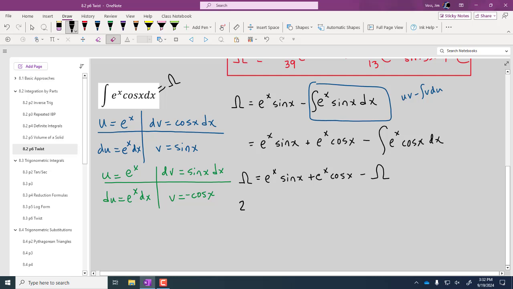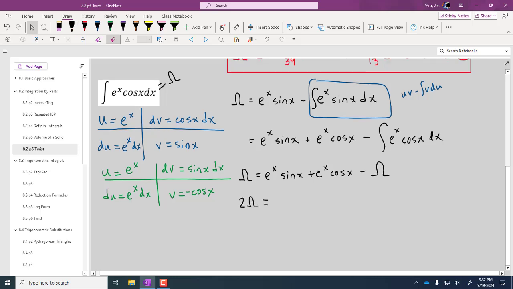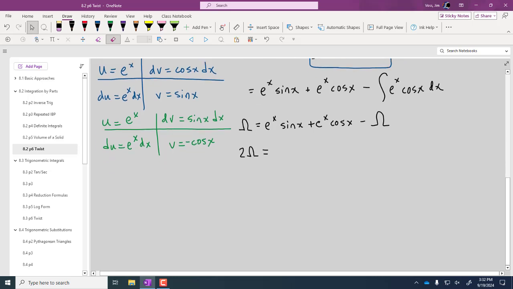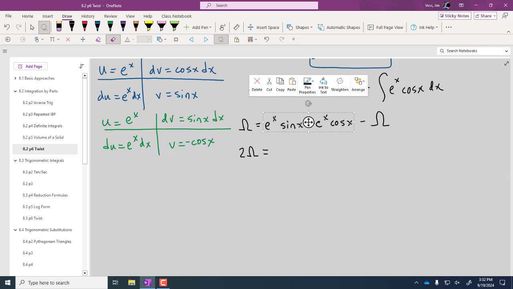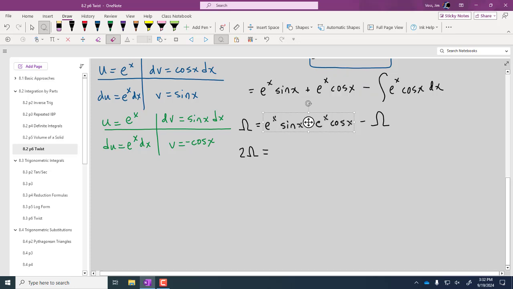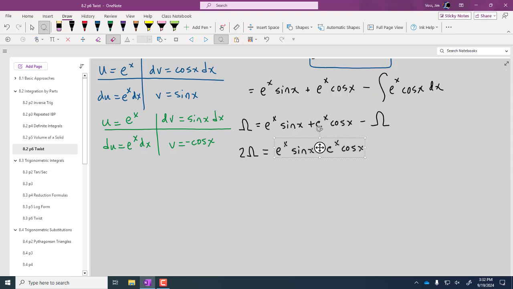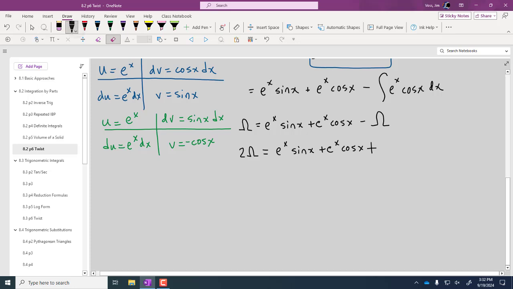And as soon as we add those omegas together, we should be putting a plus c on the right. Plus c. And our final step, all we have to do, divide by 2, because we want to get 1 omega in the end.